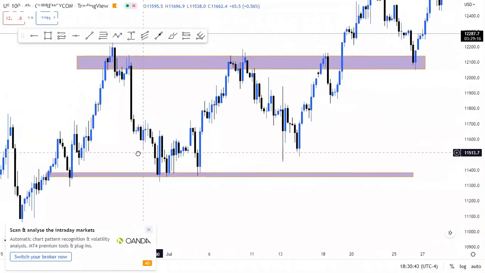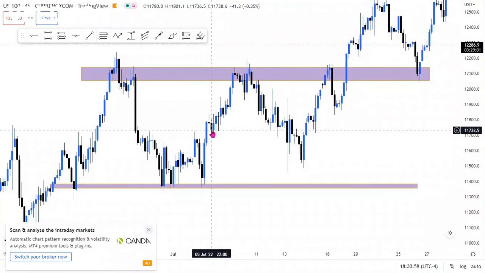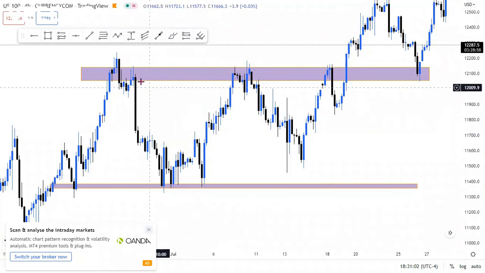So how are we able to determine that this is legit, or verified, or whatever word you could use to validate that this is a respected level, being a support or resistance? The only way to find it is by three confirmation touches.